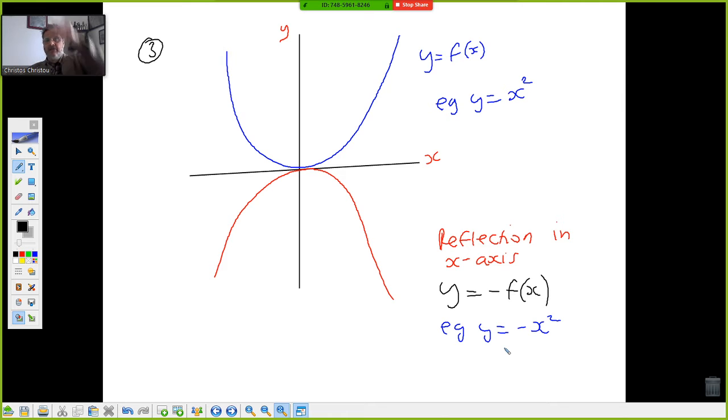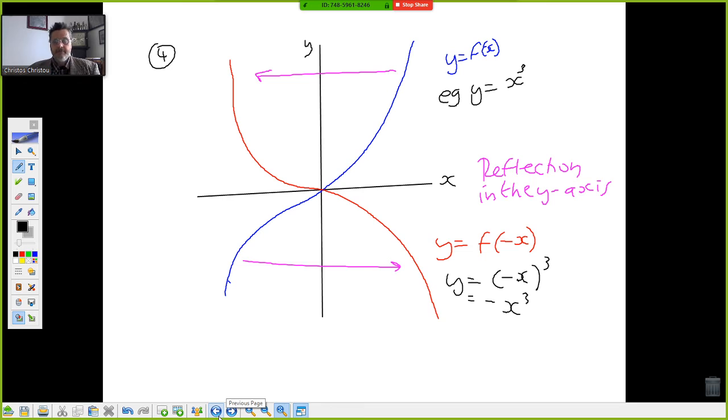You've done the x squared graphs that do that, and the minus x squared graphs that do that. And one's the pure reflection of the other in the x-axis. We're not moving it left or right, up or down. It's a pure reflection. So it's not surprising that y equals x squared becomes y equals minus x squared. All right, easy that one. So that's called a reflection in the x-axis.